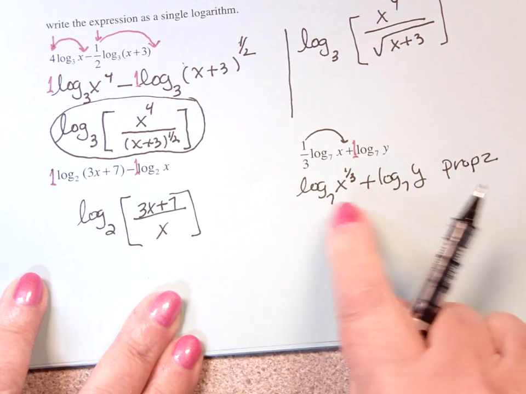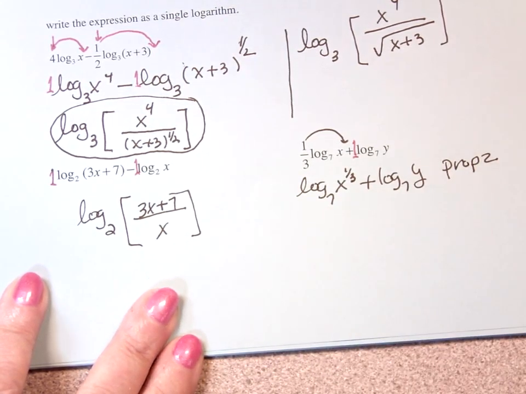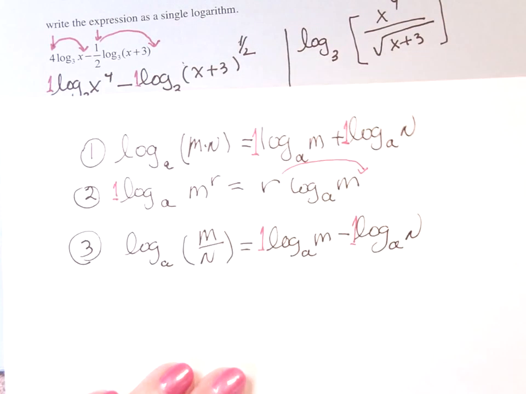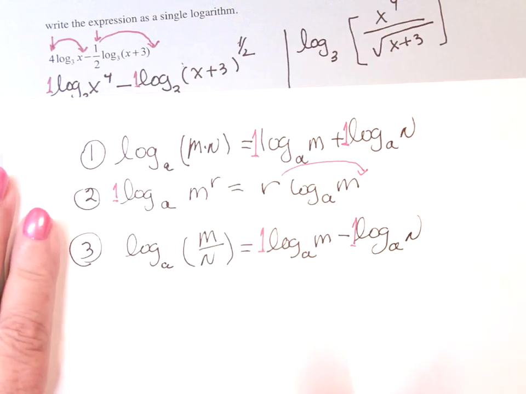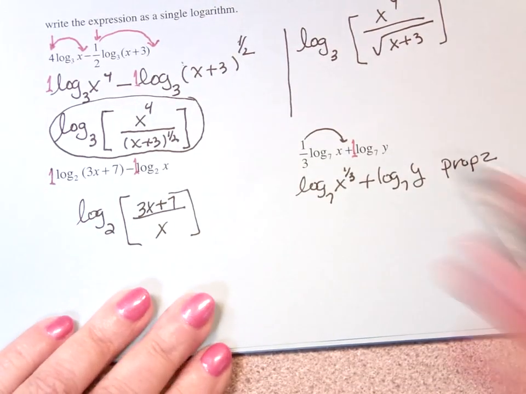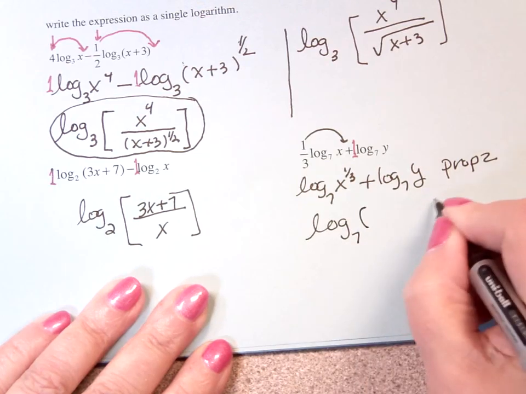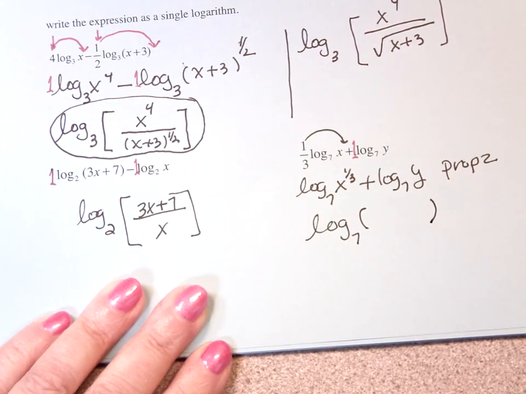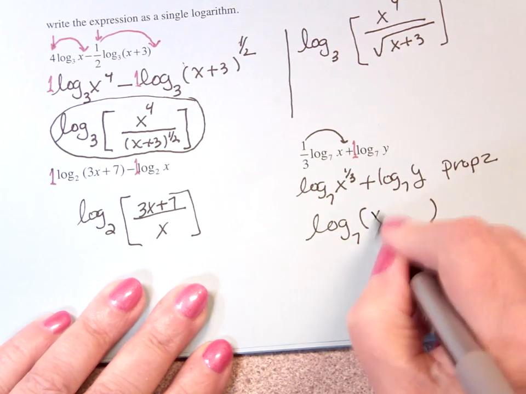Now I have a sum, and a sum, according to the properties of logarithms, turns into a product of the two arguments. So I set up for it by knowing it's log base 7. I'm going to write it as a single log.